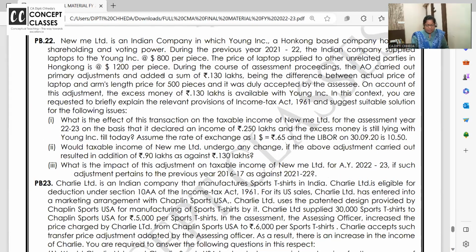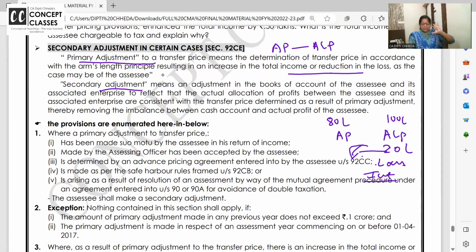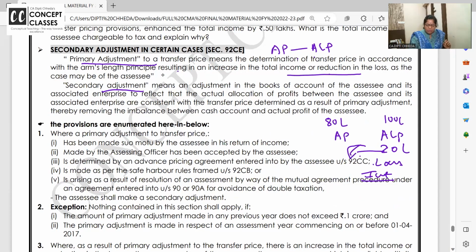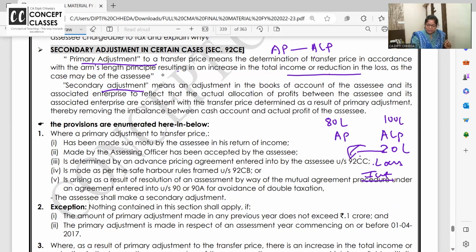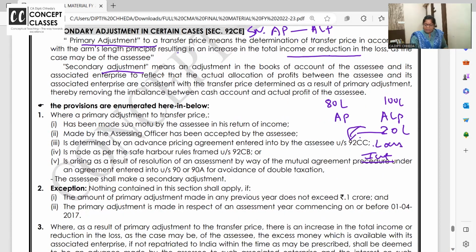secondary adjustment. Very nice and easy problems are asked for secondary adjustment, and bit-wise they will ask, or simply, write a short note on secondary adjustment. That can also be asked. Secondary adjustment means adjusting the books of SSC and its associate enterprise to reflect the actual allocation, so that they are consistent.